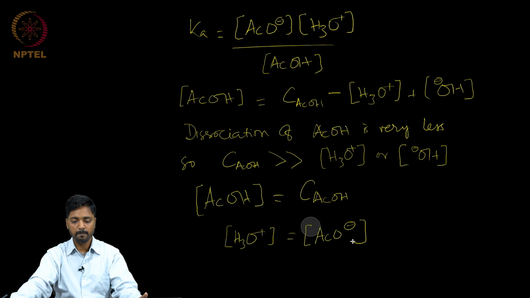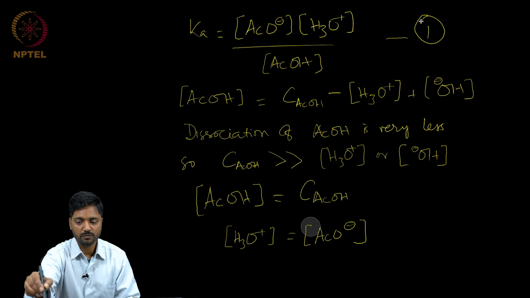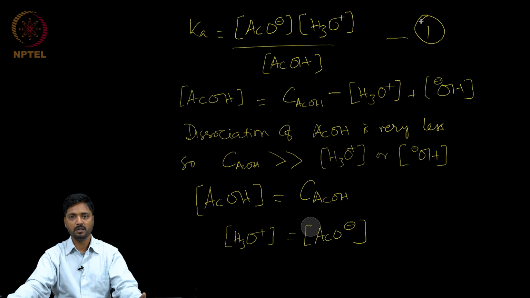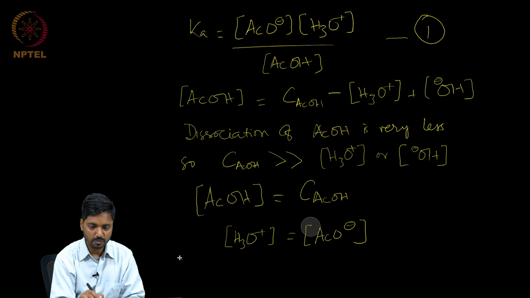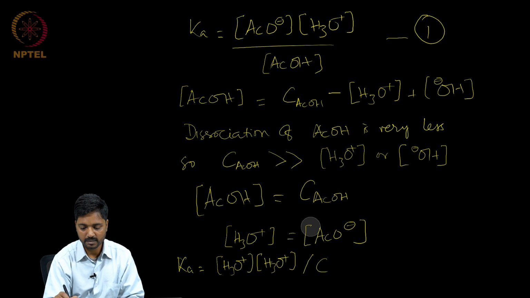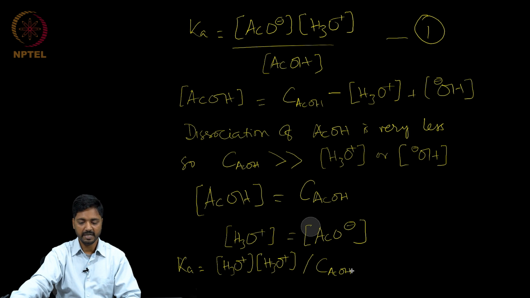Now, when we plug these into our equation 1, which is the acidity constant equation, what we observe is that Ka turns out to be equal to the hydronium ion concentration times the hydronium ion concentration divided by the original concentration of the acetic acid that was made.